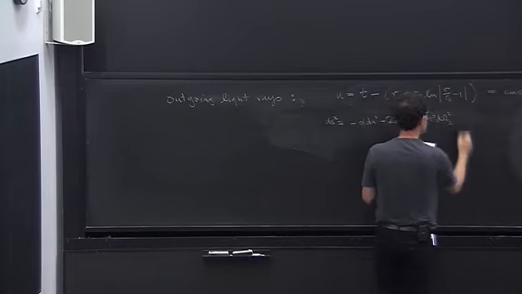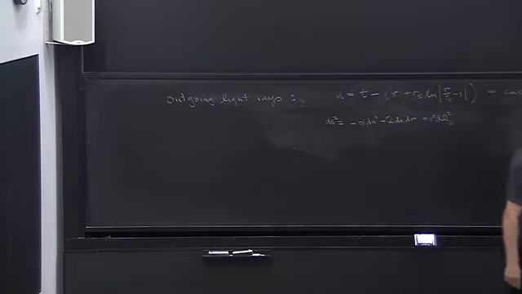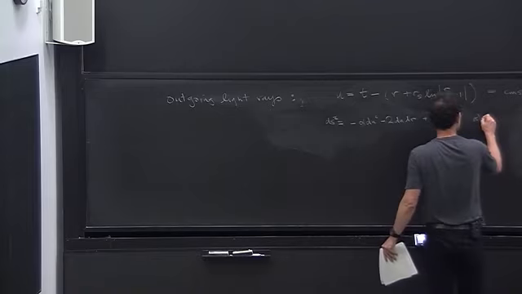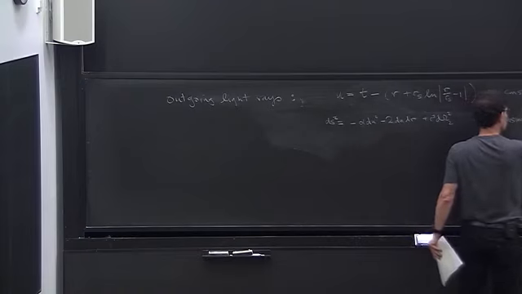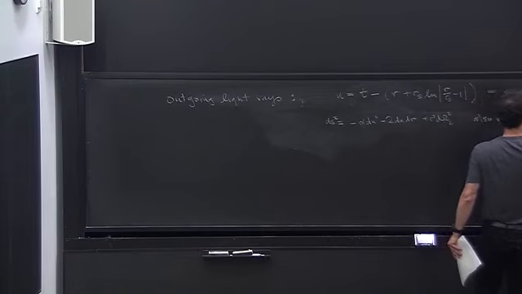So just like with the v coordinates, the u coordinates are perfectly non-singular at r equals rs. Also non-singular at r equals rs.